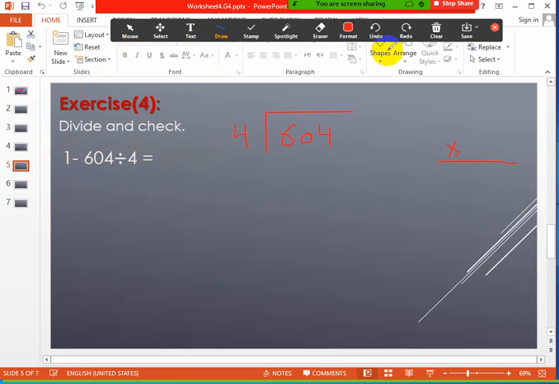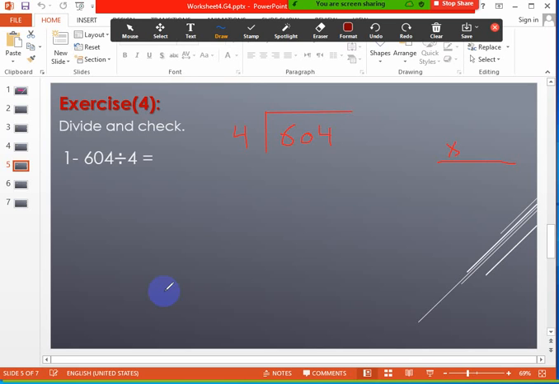Okay, so let's start with the division. No, no, Rimas, that's wrong. Rimas said that the answer is 157 or 75. I don't have a remainder greater than the divisor. That means there is no remainder 75.